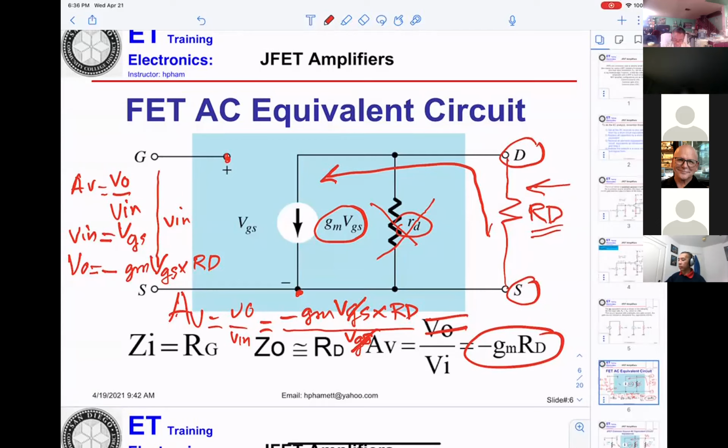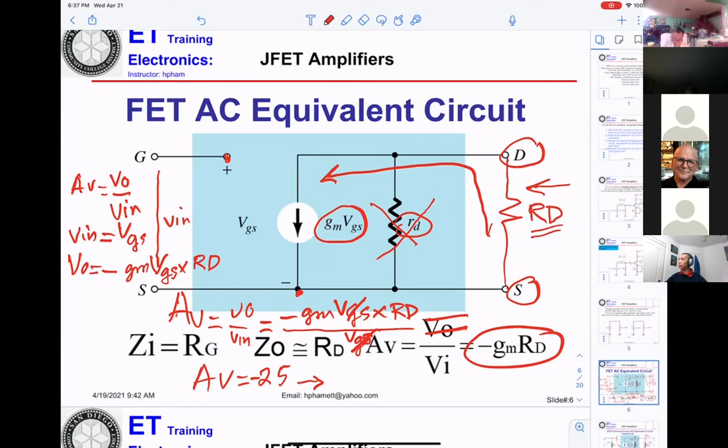I said you can get AV equal to minus 25 if you do the calculation. The number 25, I give it to you, and you substitute into the equation, you get AV minus 25.